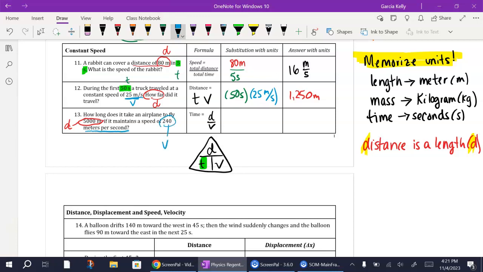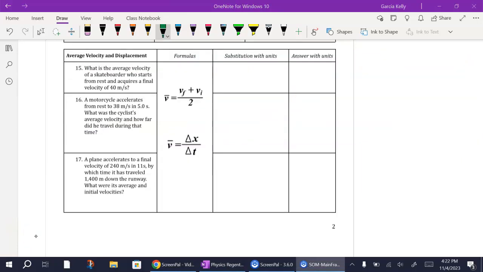So that means this is velocity. So I have 5,000 meters divided by 240 meters per second. And that's going to give me a time of about 20.83 seconds.